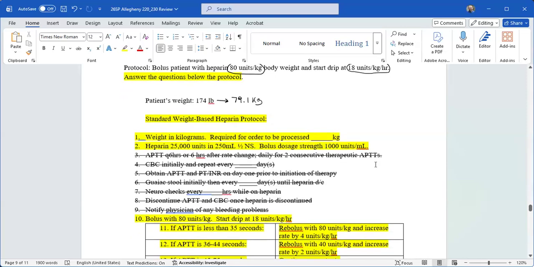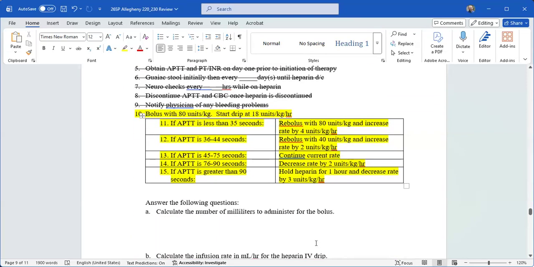All right. So the first thing I need to do when I'm calculating for the bolus is take the patient's weight. In this instance, we're going with 79.1 kilograms, and I need to multiply by the order, which tells me 80 units per kilogram. If I multiply this, I'm going to get a unit answer.